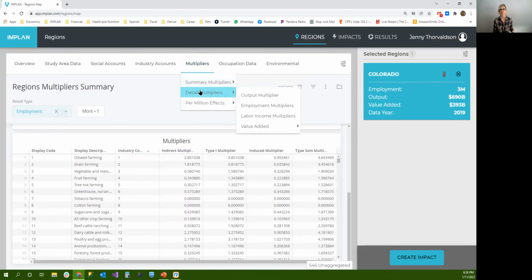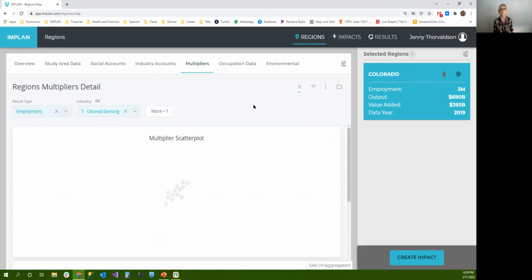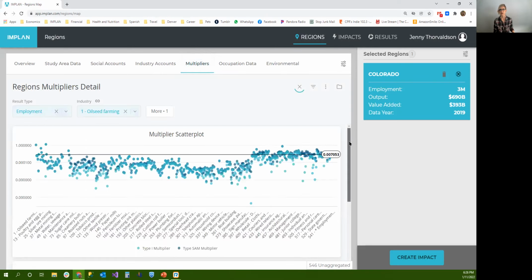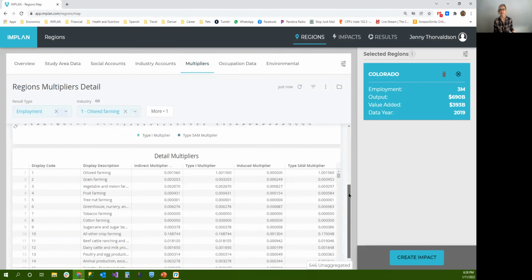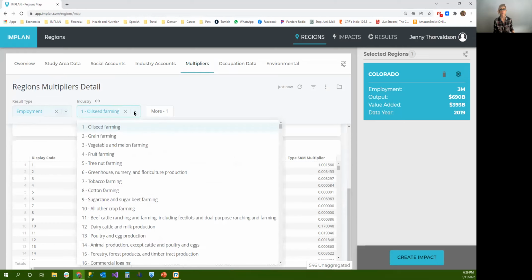Now, I'm going to just give you a quick preview of detailed multipliers. We'll look at employment again. And again, there's a scatter plot at the top, but I'm going to just scroll right down to the table. And here, in this case, you'll notice at the top here, I have to choose an industry because now I'm looking at a detail multiplier.